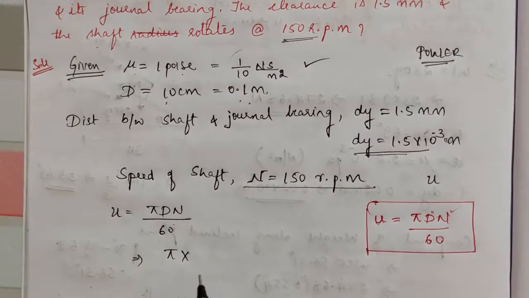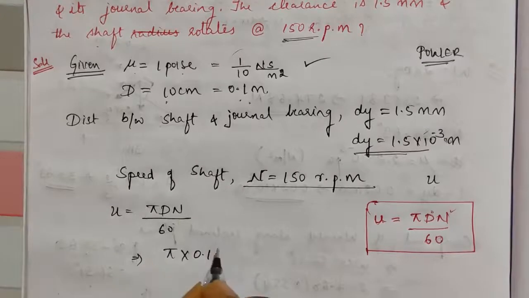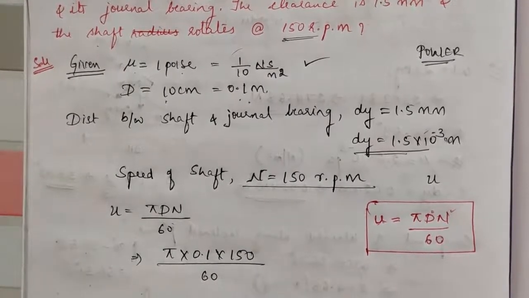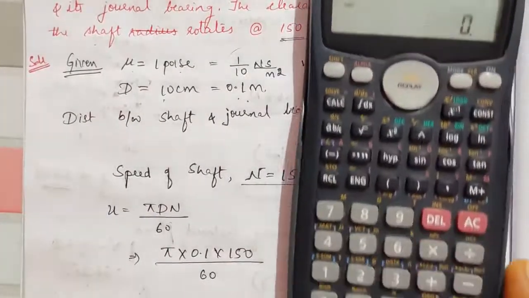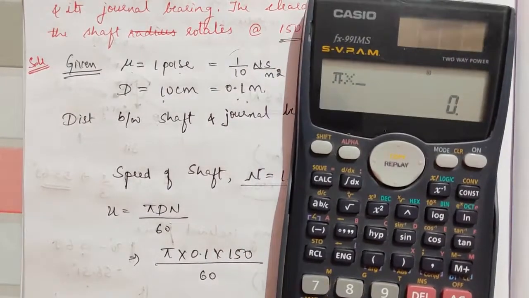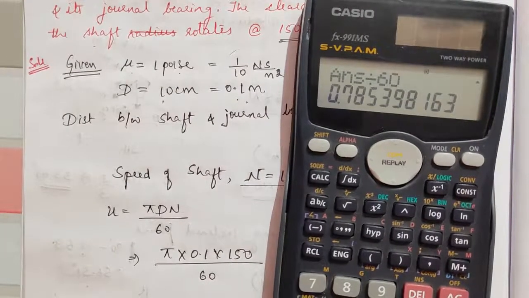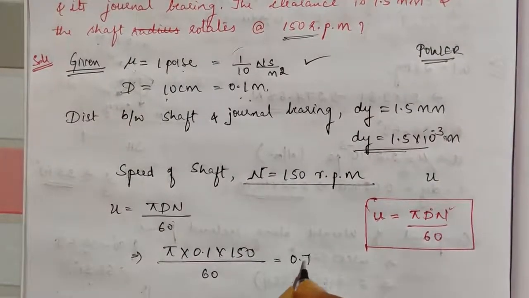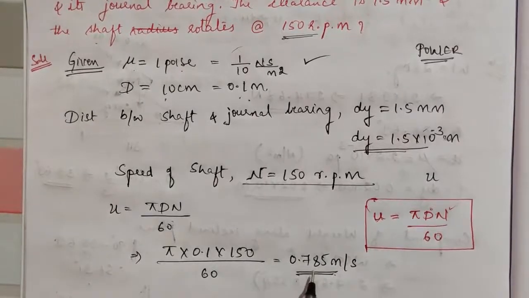So pi into 0.1 into 150 divided by 60. Pi is a constant; press shift and then the exponential key to get the value of pi. That gives 0.785 meter per second. This is the value of u.